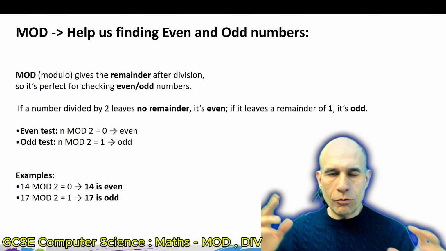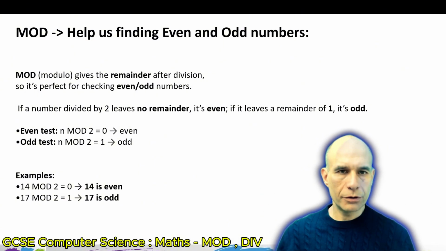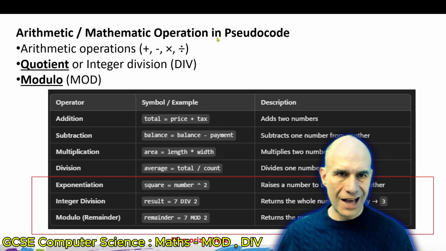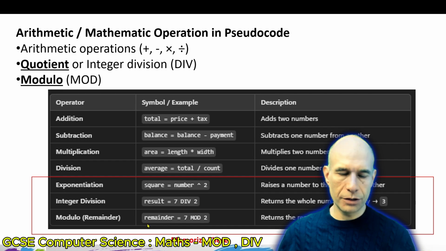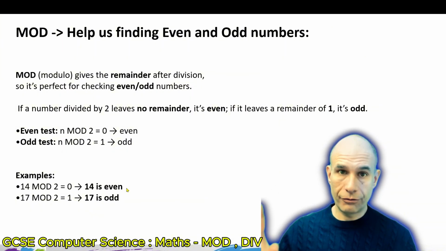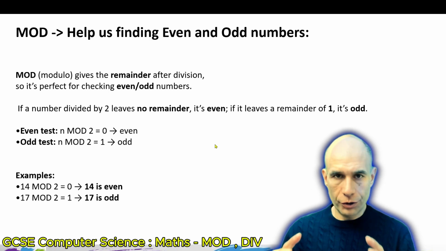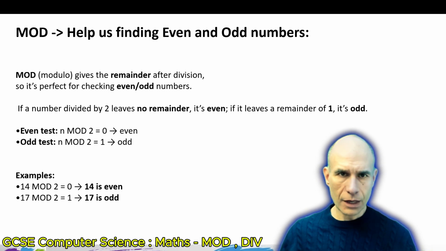All right, so the only part which might be a little bit unfamiliar for you in all of this arithmetic and mathematical operation is just this quotient and modulo, which I think now you should have a good understanding of, how these two functions work. So modulo will return you the remainder of the division, and quotient will return you the whole number of a division, which is easy.